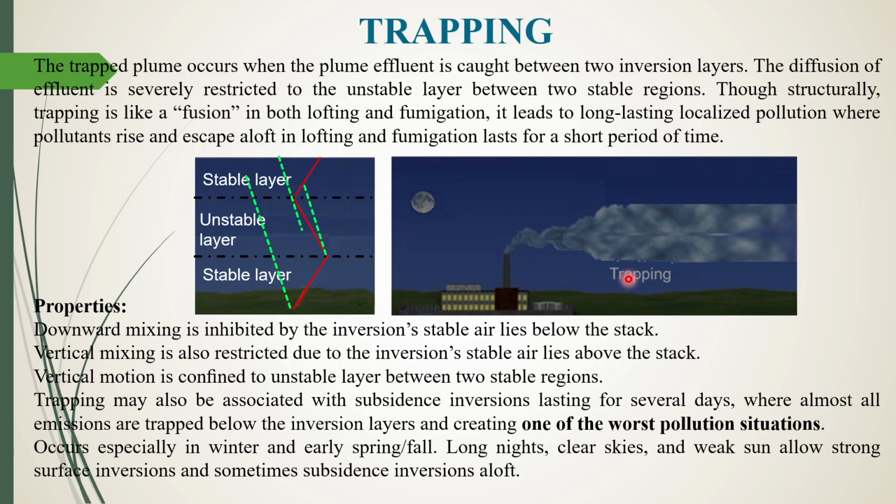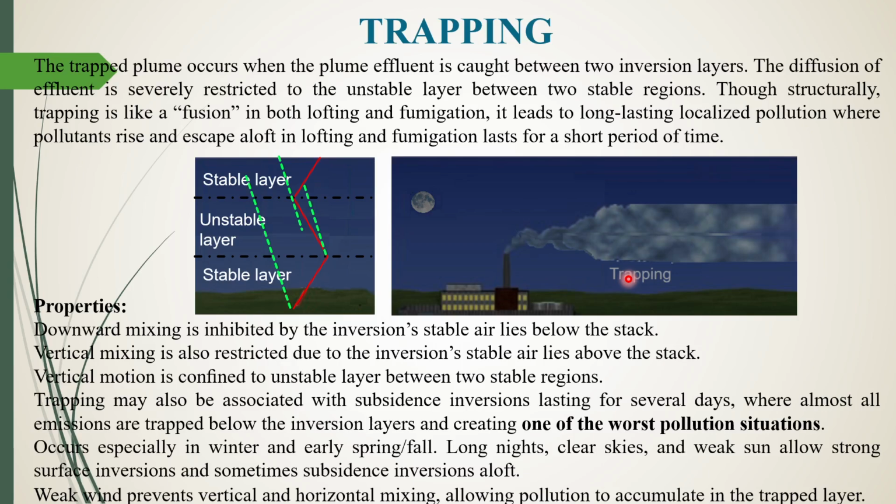This condition allows strong inversion and sometimes subsidence inversion aloft. Another thing is weak wind prevents the vertical and horizontal mixing, allowing pollutants to accumulate in the trapped layer. So this is the worst.